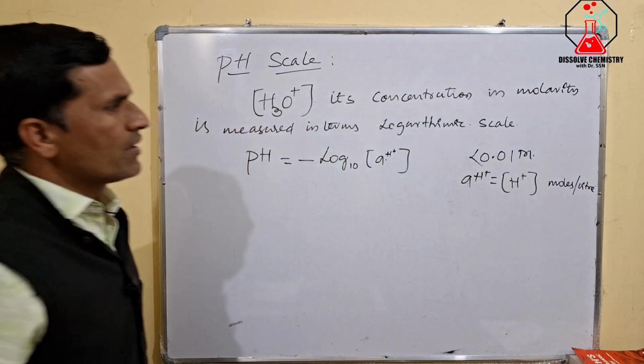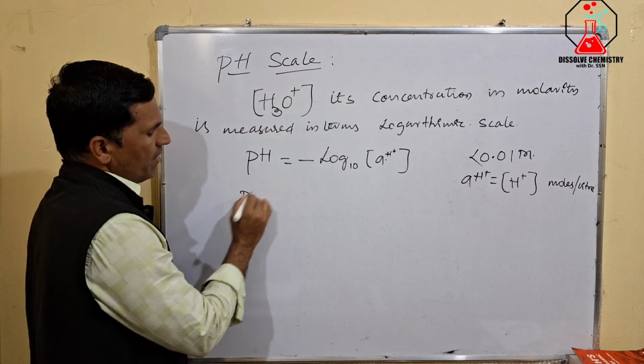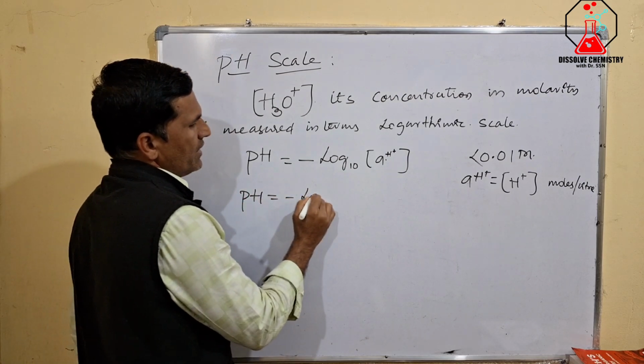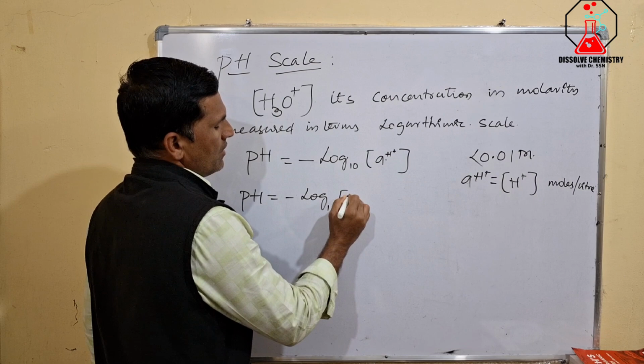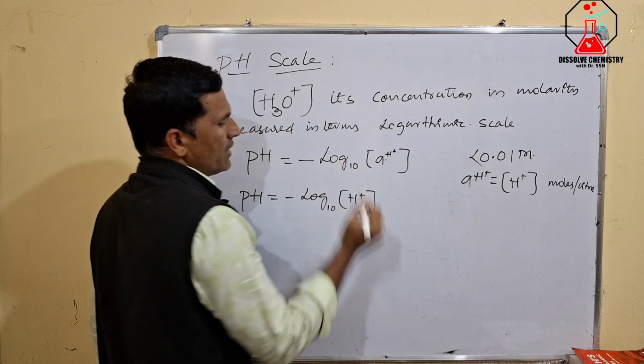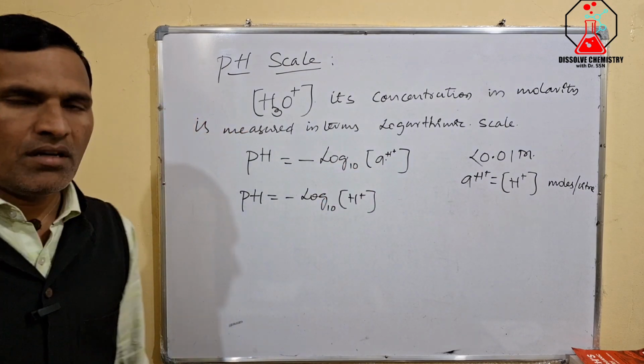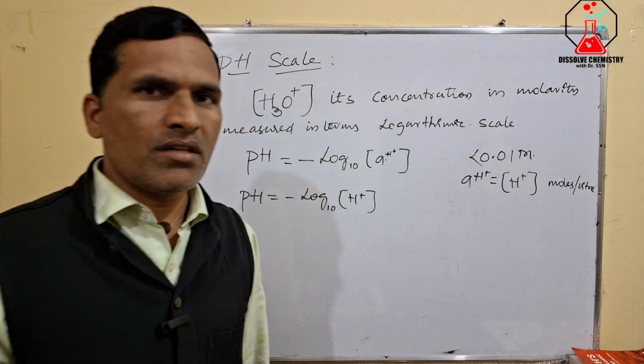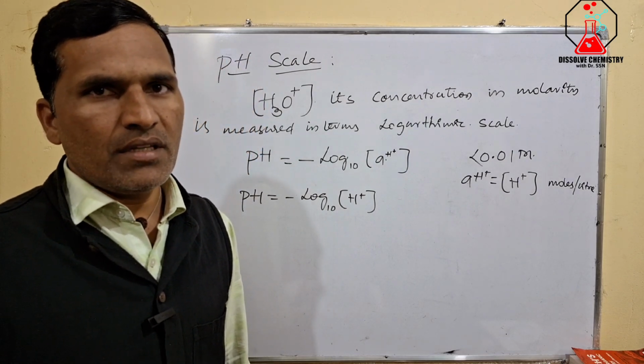So pH is equal to minus log to the base 10 of the molar concentration of the H plus ion, or hydronium ion concentration, in the given solution.